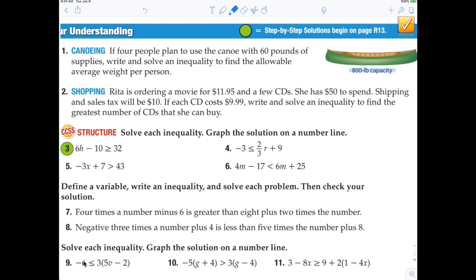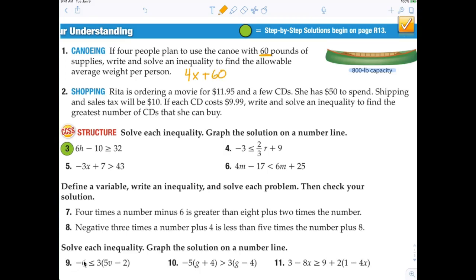How many people are there? 4. So 4x. Then what? 4x plus 60. Hold up. Go ahead, Colin. 4x what? Don't forget this part right here. 4x plus 60.